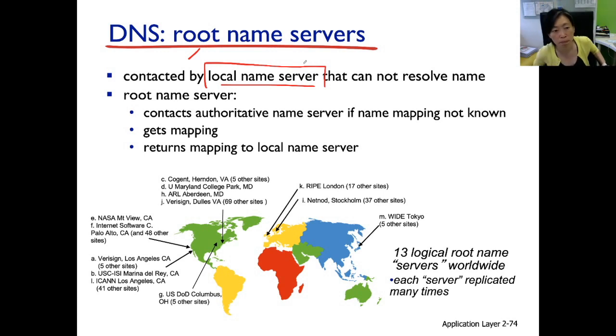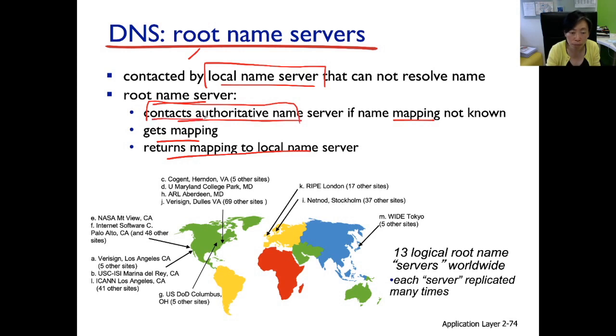So a local name server contacts the root server first, right? The root server then will contact the authoritative name server to find the mapping. Get the mapping and then return the mapping to the local name server. Now, the tricky part is this. When I say contact the authoritative name server, it's not like directly going from the root to the authoritative name server.